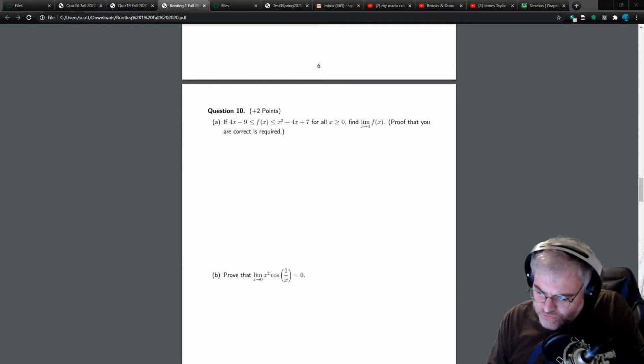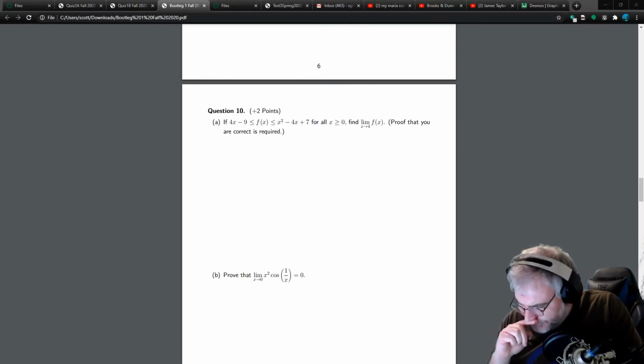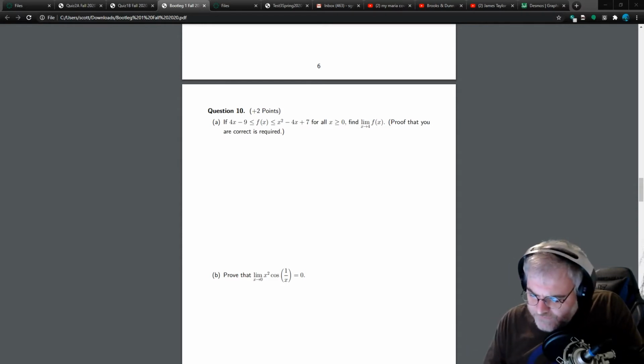So the strategy is to use two cops. If I'm going to use two cops, I need to do two things.